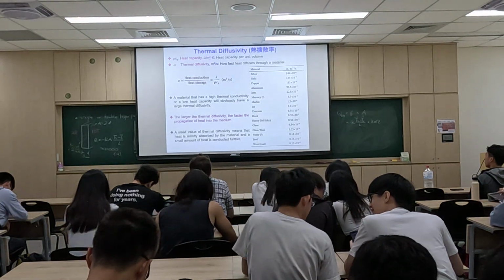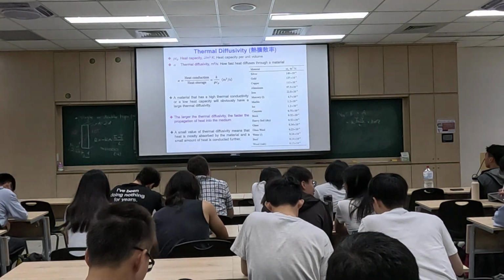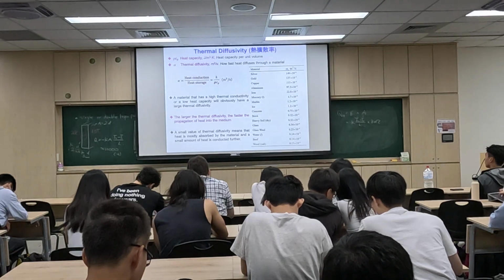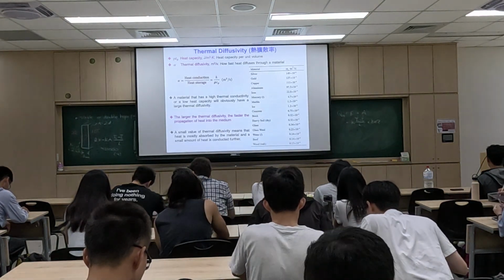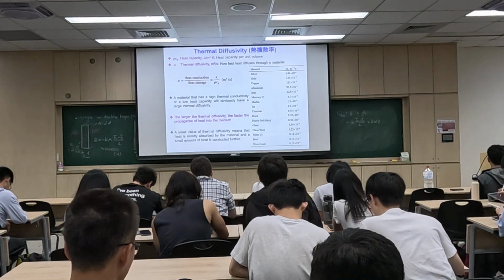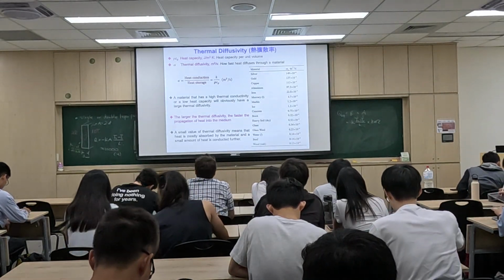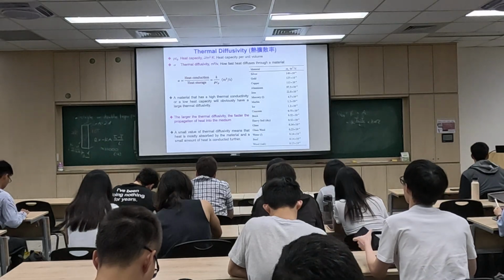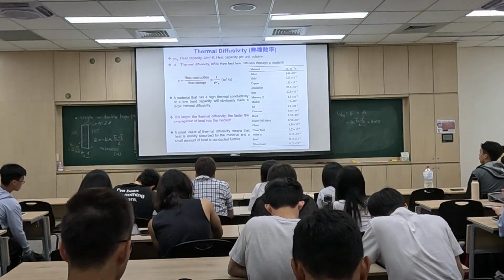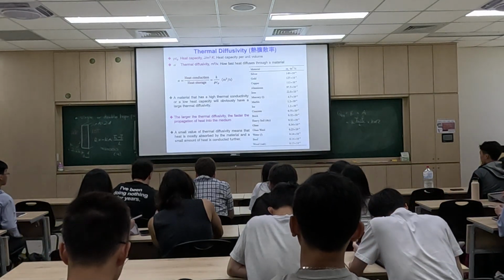The density times the specific heat means the heat capacity 热容, okay, the heat capacity per unit of volume. Then if we divide the K by the heat capacity, we call it alpha. This alpha is thermal diffusivity.